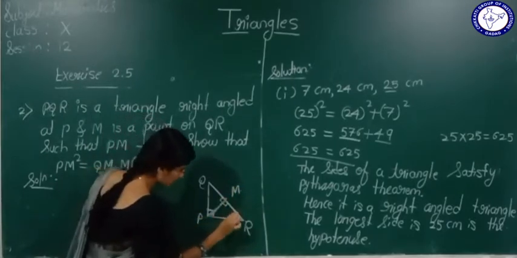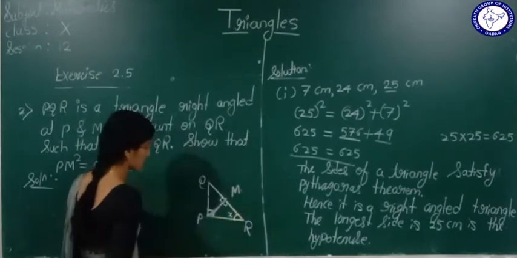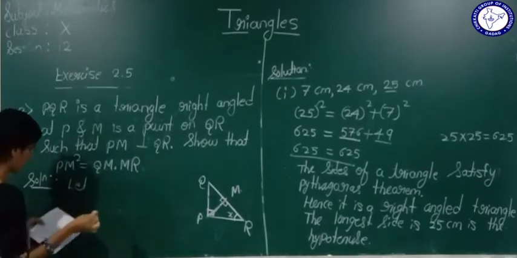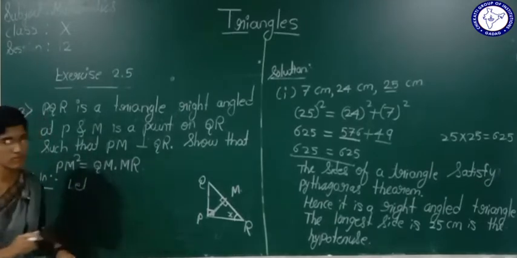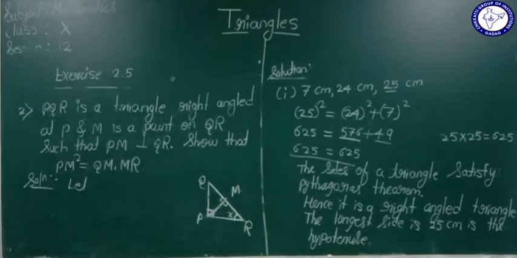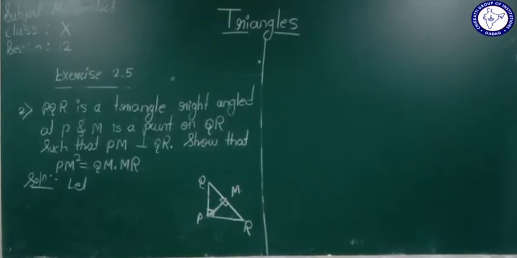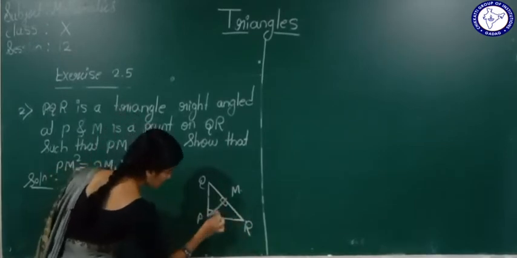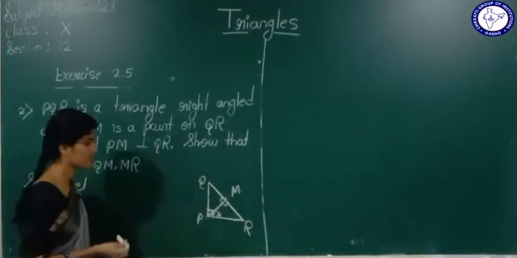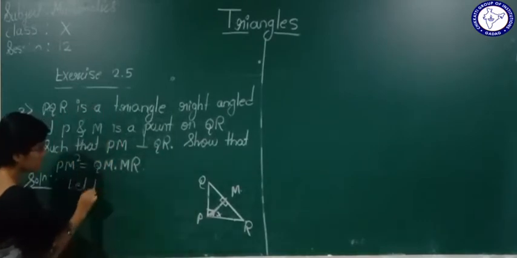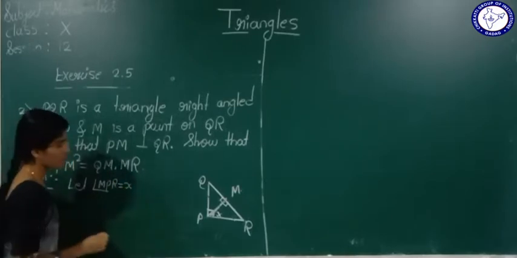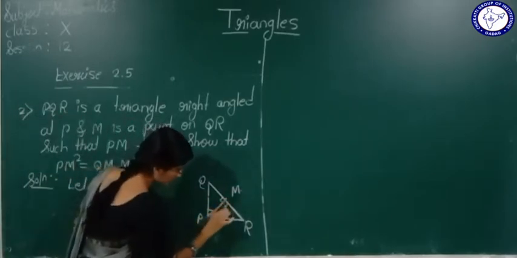Let angle MRP be X. Let angle MPR be X. Now see, this is 90 degree.